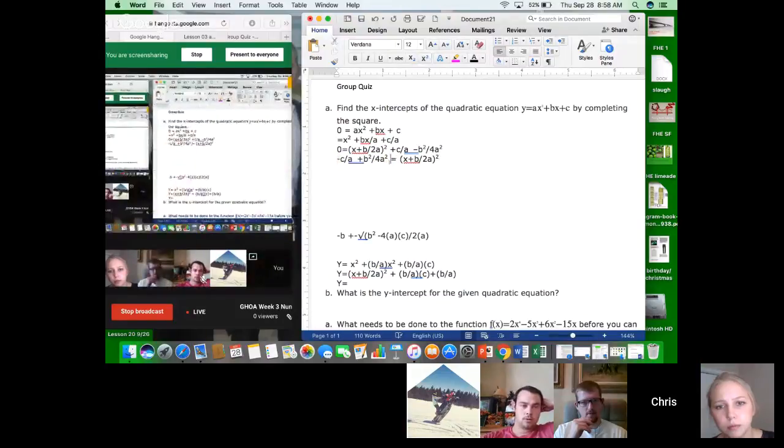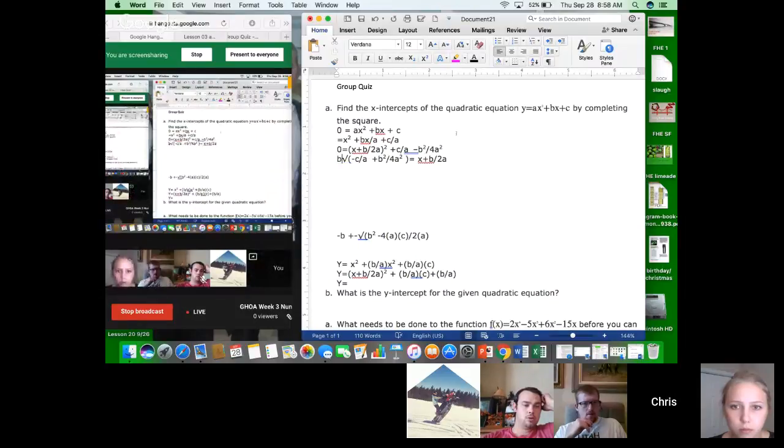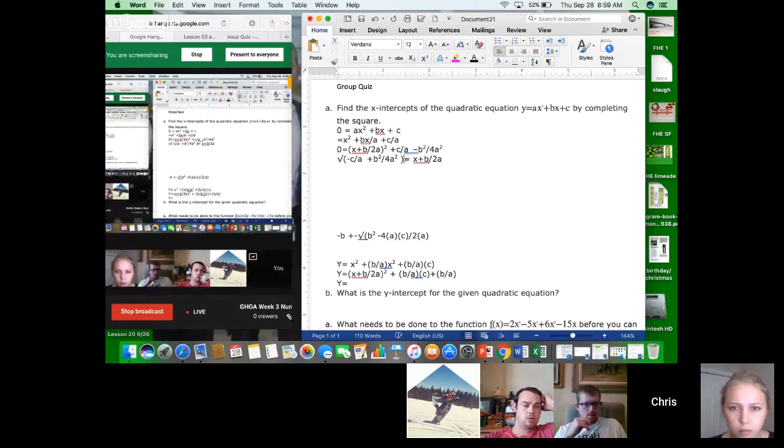So that would have to be this and this. Get rid of that. And then you could subtract this b over 2a over here. So that would be negative b over 2a. And then that's what x equals.